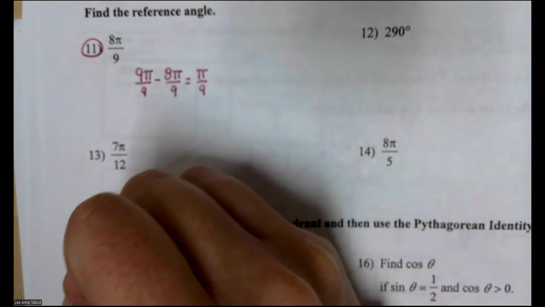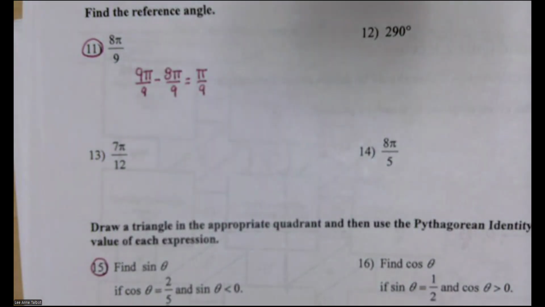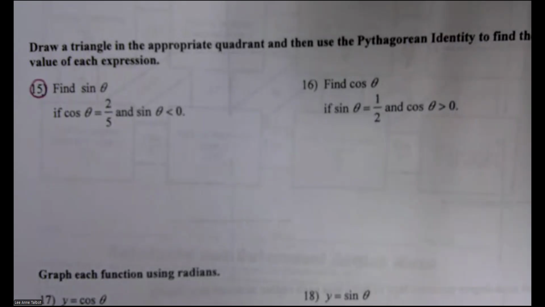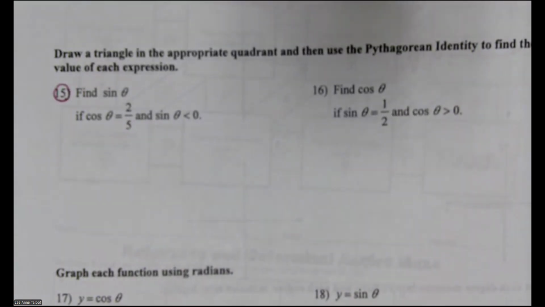Okay, last one is number 15, Pythagorean identity. Draw a triangle in the appropriate quadrant. Use Pythagorean identity to find the value of each quadrant. Okay, I'm going to draw axes.